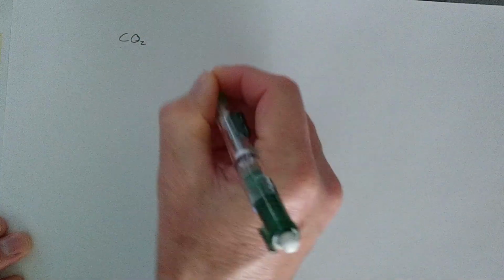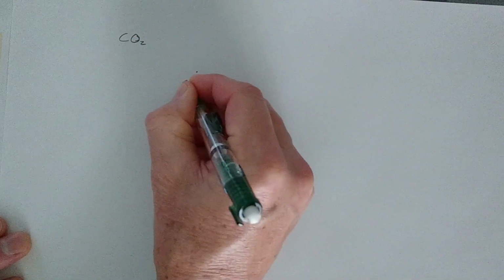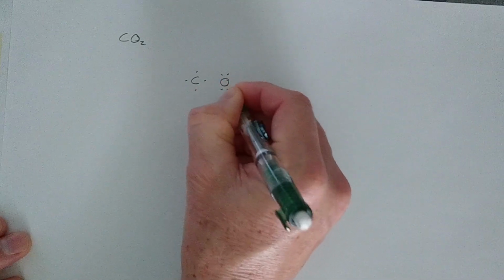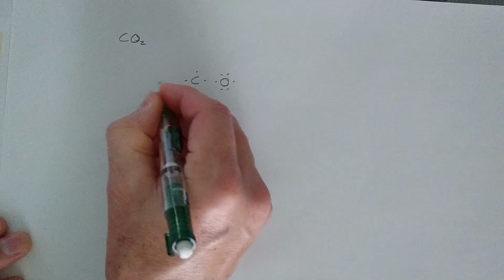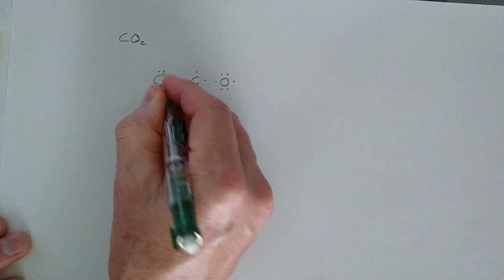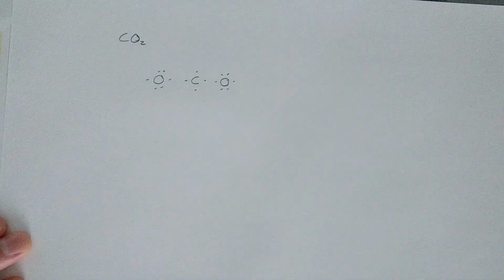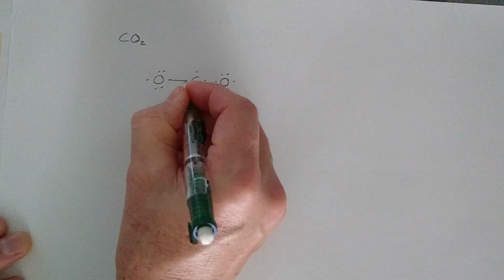Let's go ahead and look at CO2. Again, we'll place the carbon atom in the middle because it is less electronegative. We'll place the oxygen with its 6 valence electrons, placing the lone electrons towards carbon's lone electrons, which allows us to make chemical bonds.